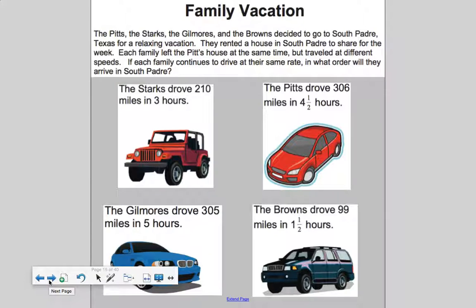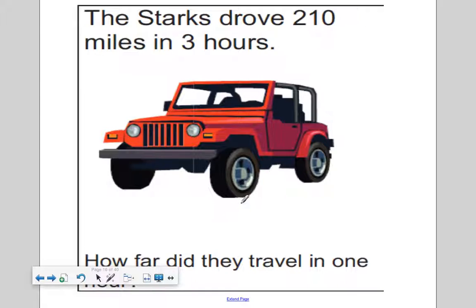So I want to figure out their speed. So speed is miles per hour. So I need to do an apple-to-apple comparison. How many miles does each family drive in 1 hour? So let's start with the Starks. If you like the bar diagram, you can draw a bar.